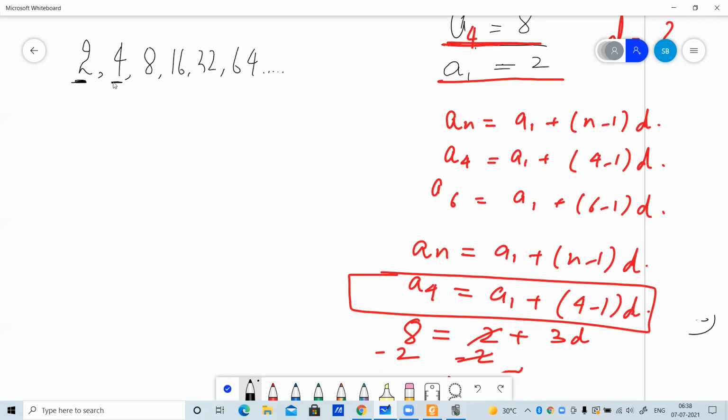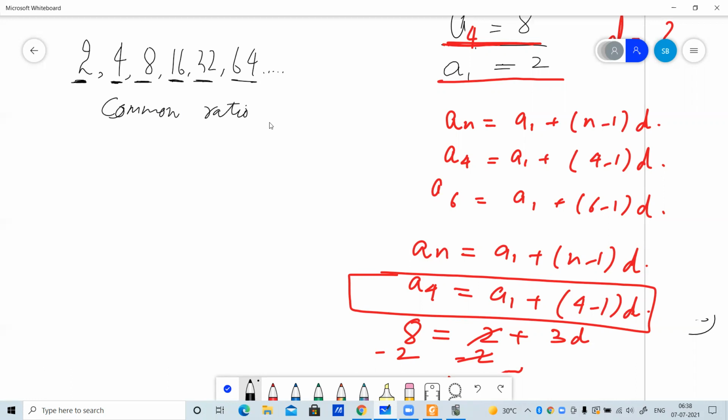Correct. So let us see the ratio. 4 divided by 2 is 2, 8 divided by 4 is 2, 16 divided by 8 is 2, 32 divided by 16 is 2, 64 divided by 32 is 2. So there is a common ratio here. In the arithmetic sequence, we were having a common difference, but in this sequence, we're having a common ratio.